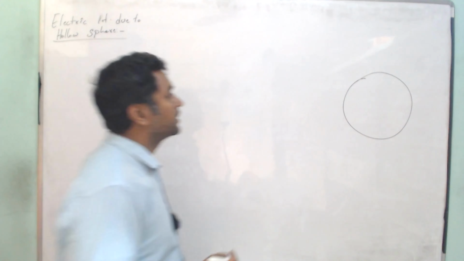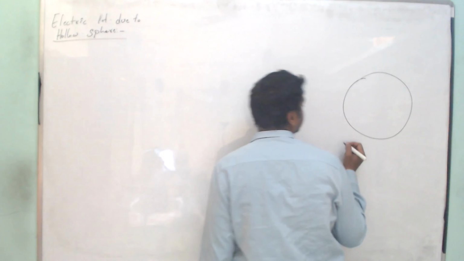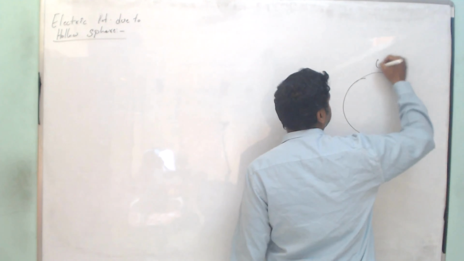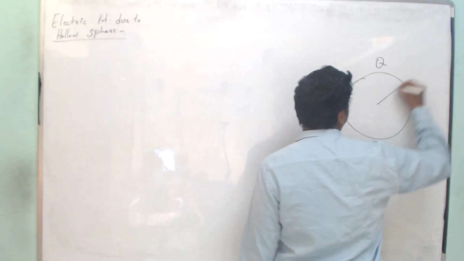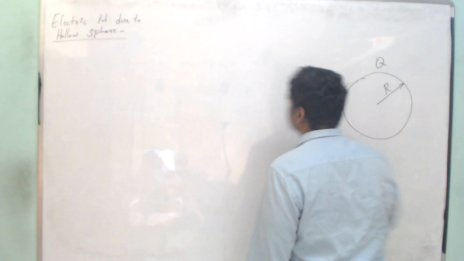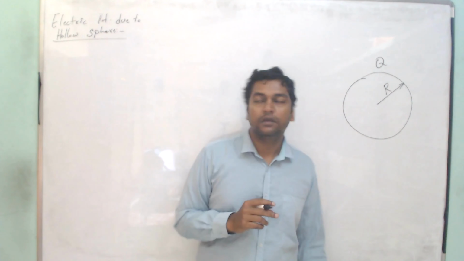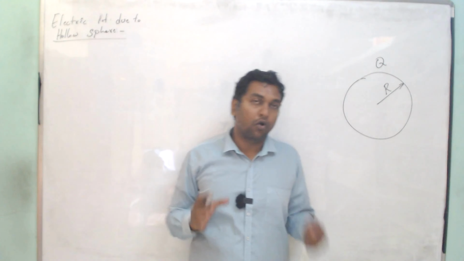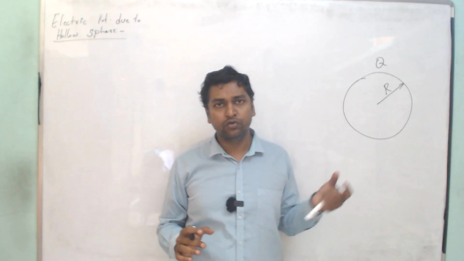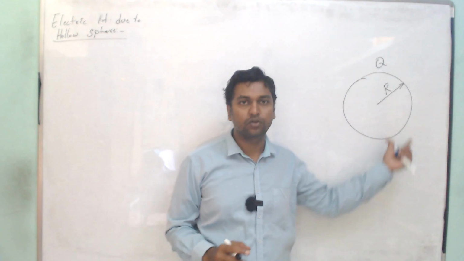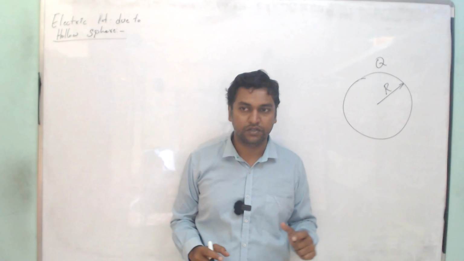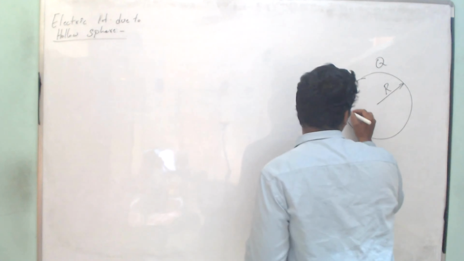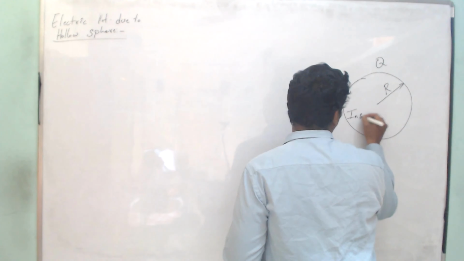So, let's say there is a hollow sphere of charge capital Q and radius capital R. So, the electric potential due to a hollow sphere, we divided it into two regions. One is inside the hollow sphere and the other is outside the hollow sphere. Right? So first we will focus on what is the inside story.